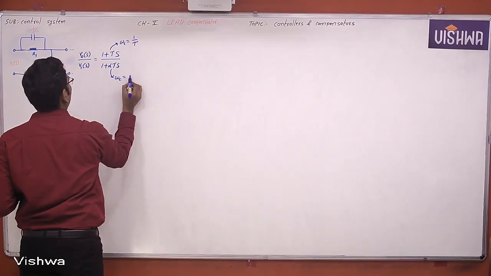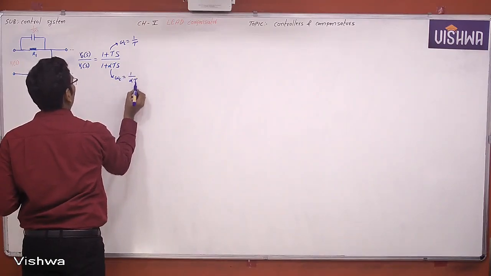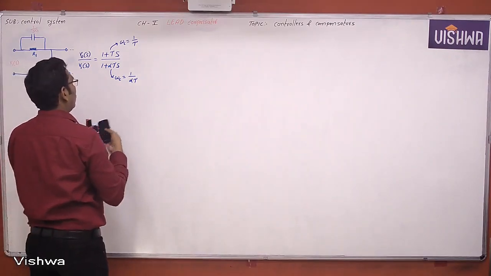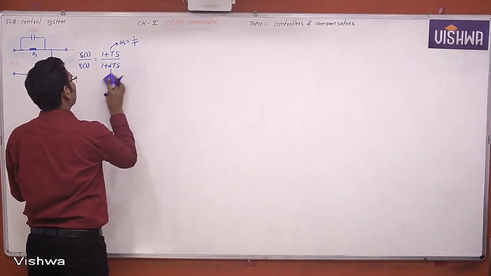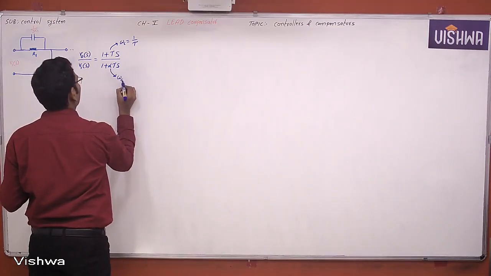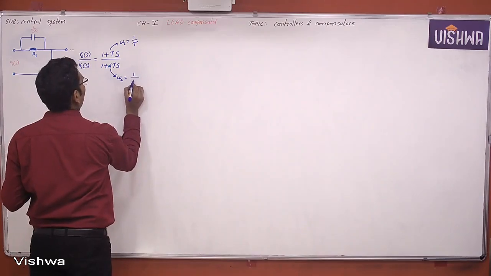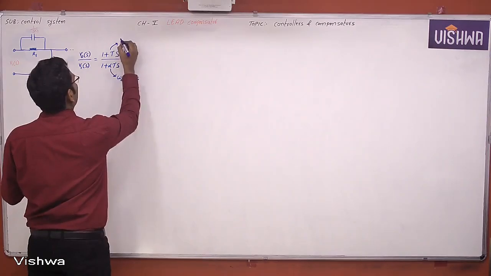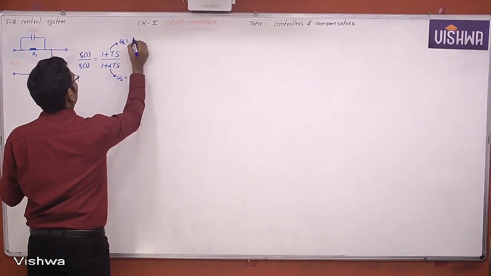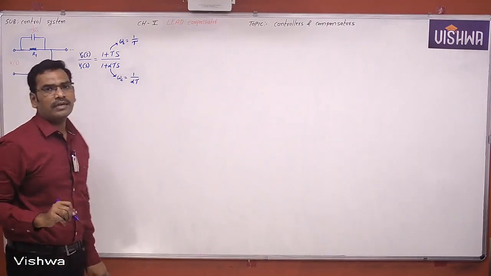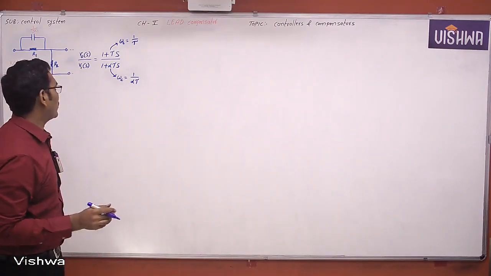Omega c equal to 1 by tau, and omega c equal to 1 by alpha tau. The corner frequency and time constant are inversely proportional.